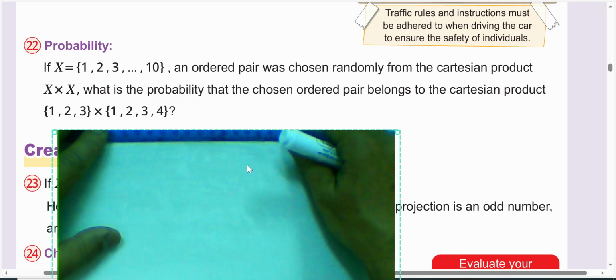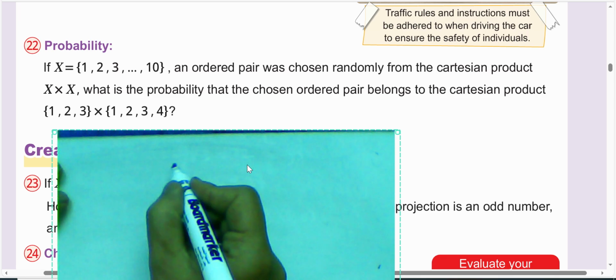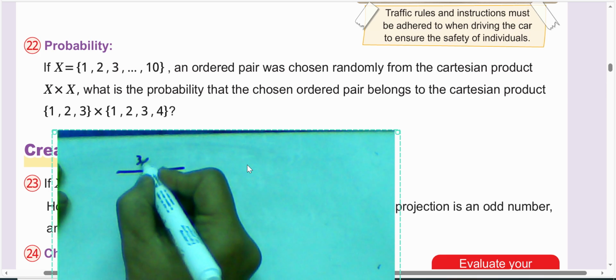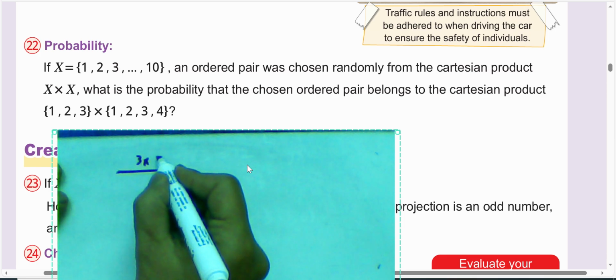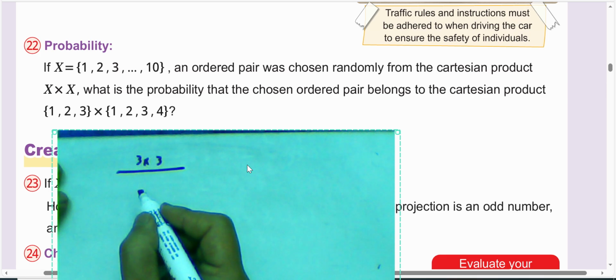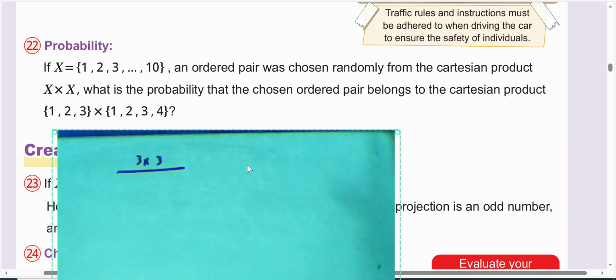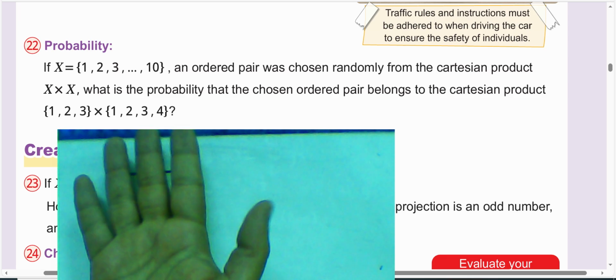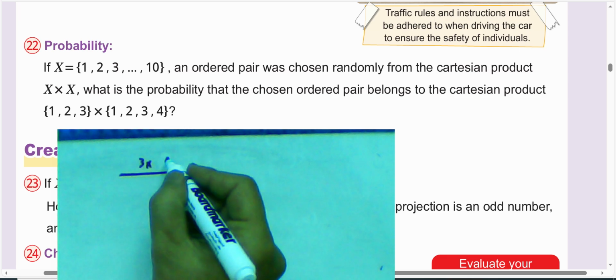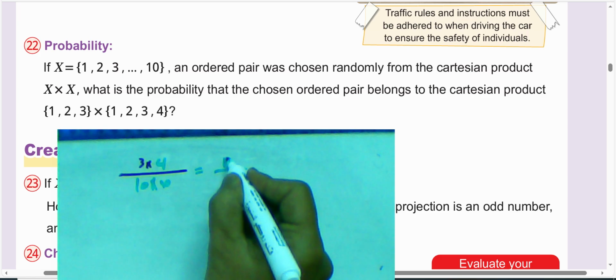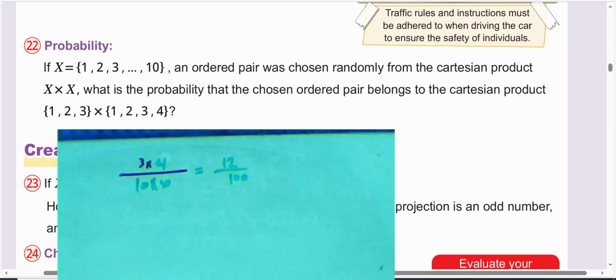Okay, the probability: we have here 3 elements and here 3 elements, over the size of x by x, which will be 100. Then we can write the answer over 100. We have 4 elements here, 3 times 4 over 10 times 10. The result will be 12 over 100.